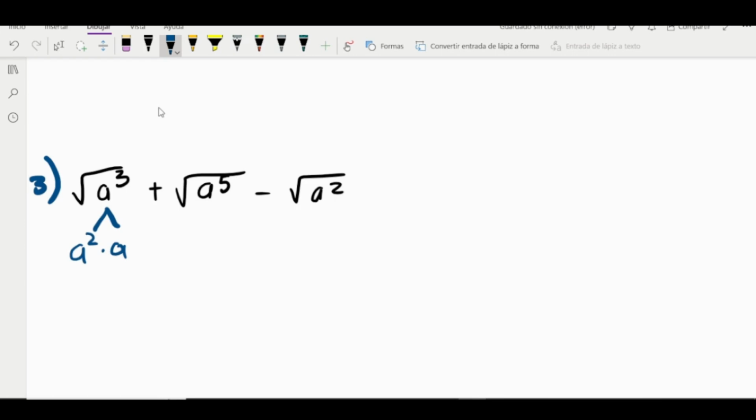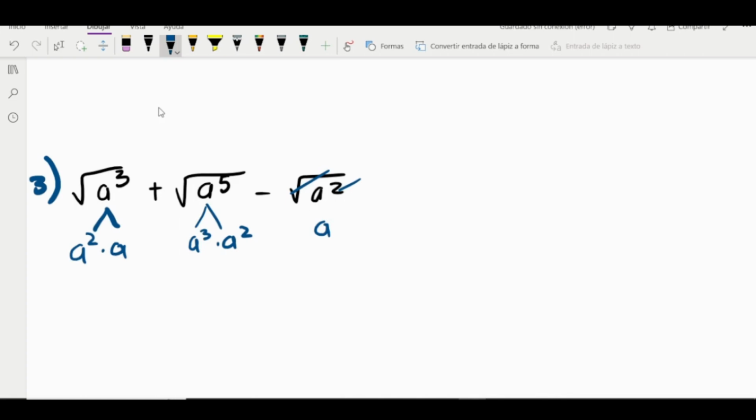Here, something similar: we can split this like a to the cube times a squared. And here we can cancel this, because we have a square and the square root, so we have only a.